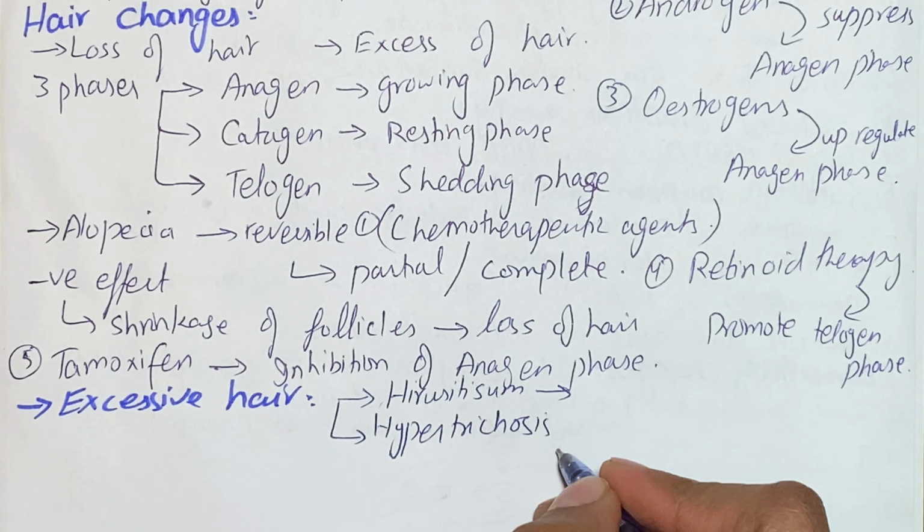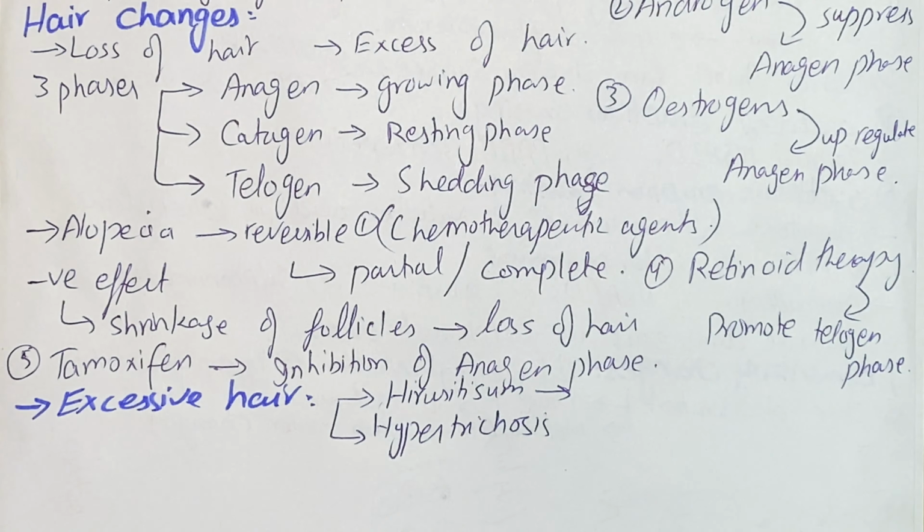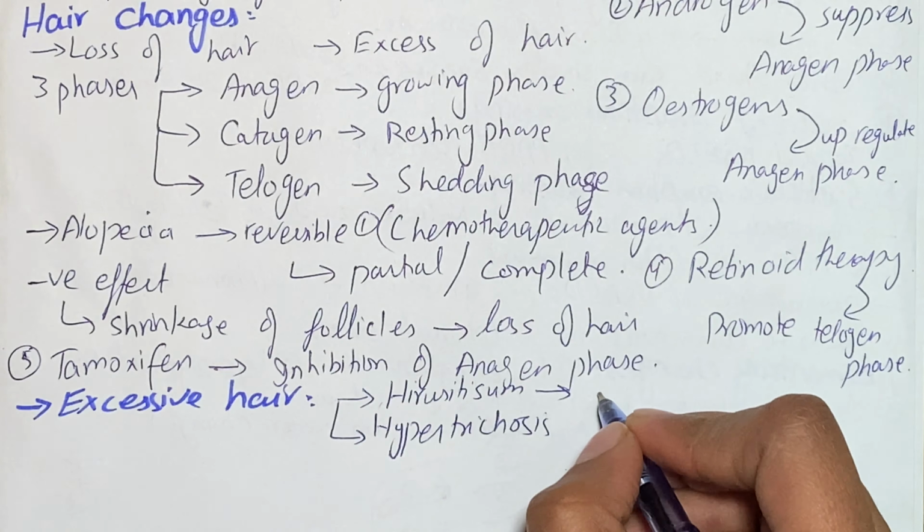But hypertrichosis is actually growth of excessive hair on those parts of the body where normally no hair follicles or no hair growth occurs. So this is hypertrichosis.